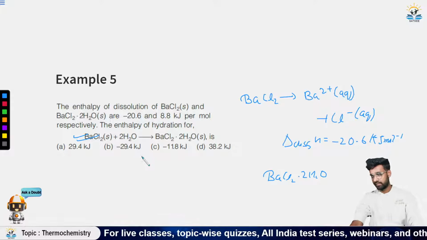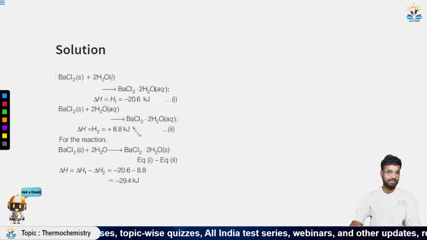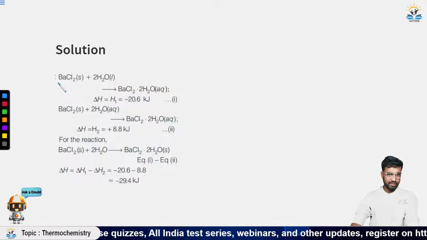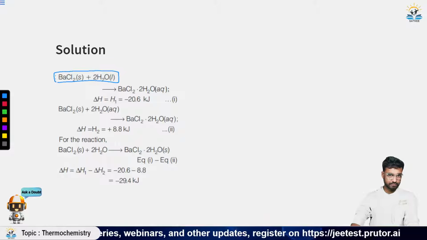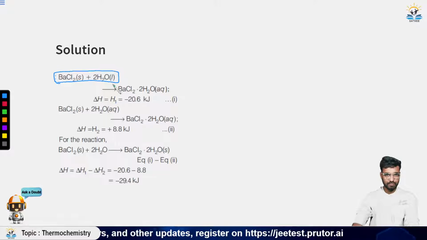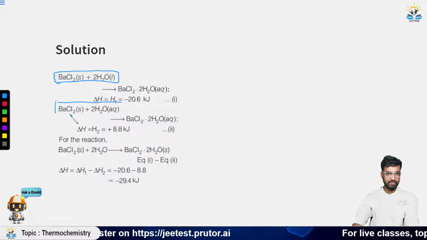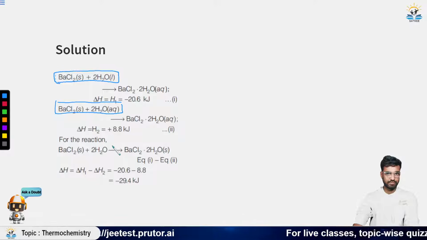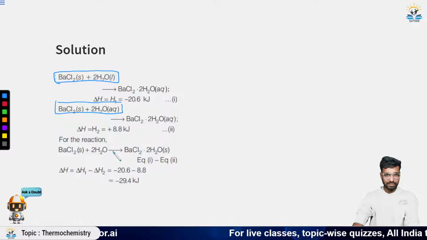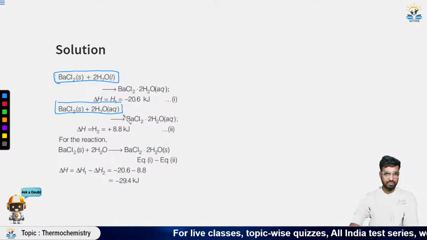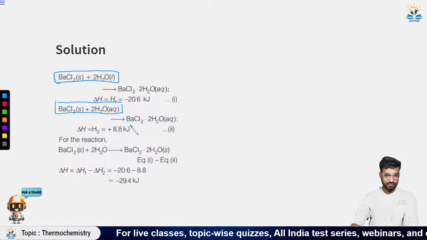So how will I do it? I will show you the solution directly. So this is the thing here. The two equations are given. Now for the reaction this much, we will simply add both of these two.